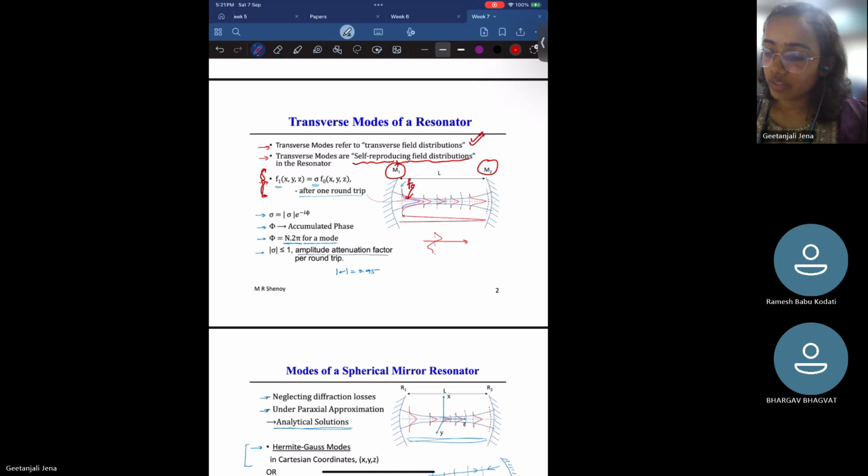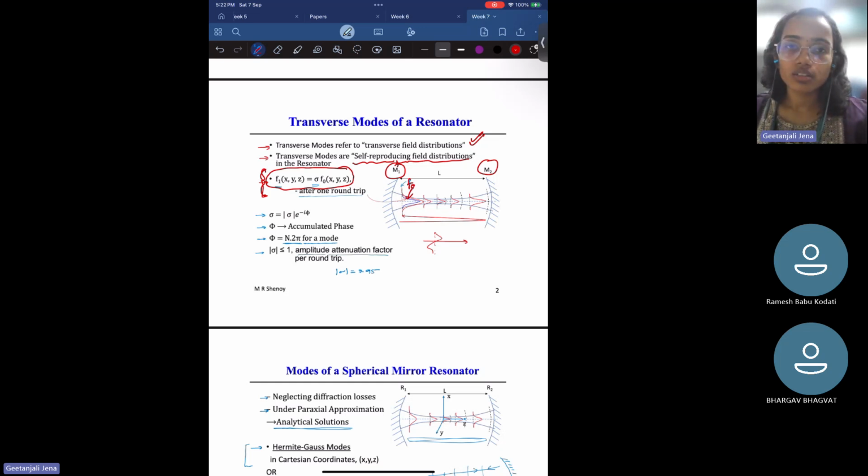After one round trip, let's say the field distribution is F1(x, y, z). If it is related to F0 by this equation, then we can tell this is a self-reproducing field distribution, and these are the transverse modes of the resonator.